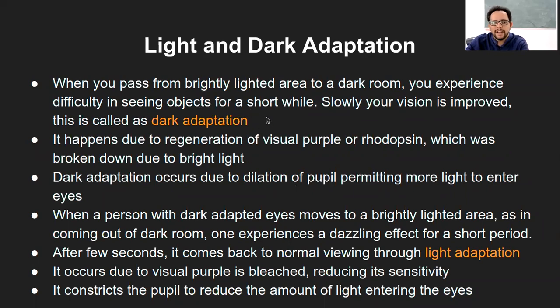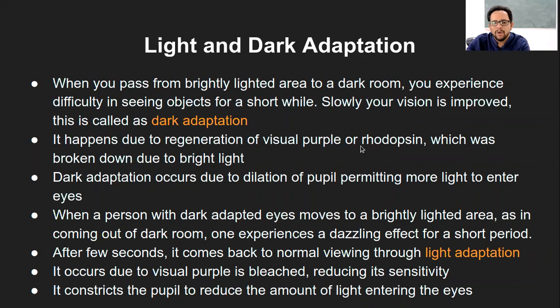Now why does that happen? It happens due to the regeneration of the pigment present in the rod cells, visual purple or rhodopsin, which was broken down due to the bright light. Whenever there is too much bright light, this pigment will be broken down, and in dim light you need this rhodopsin pigment to see objects, right?